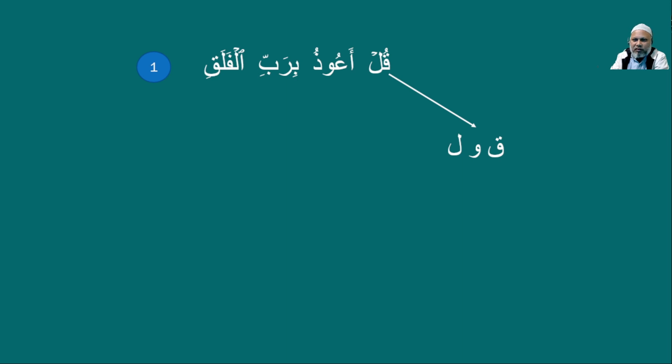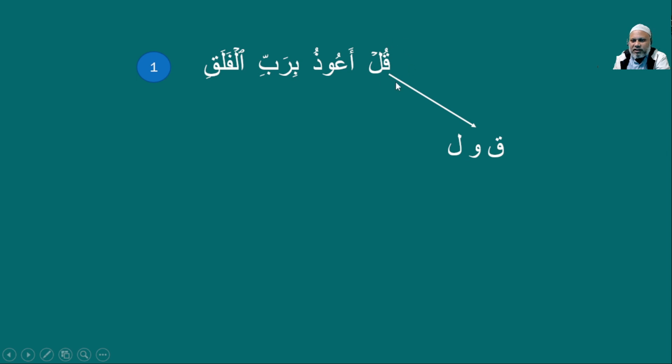Most of the Arabic words, more than 90%, 95% of the words come from 3 root letters. So wherever we see any word, we have to look into the 3 root letters, and from these 3 root letters we have to derive back to the word that we need to understand. Qul is a word.